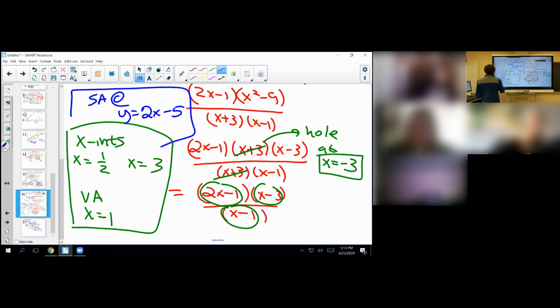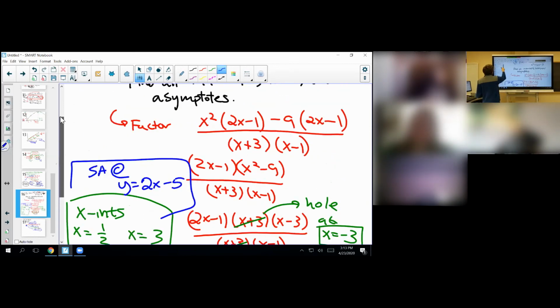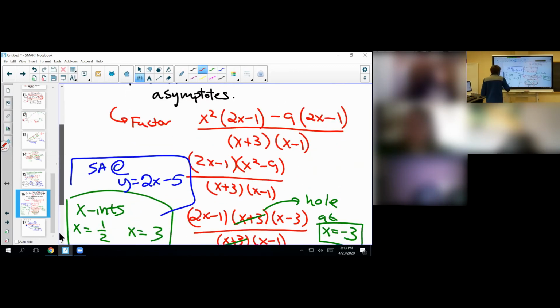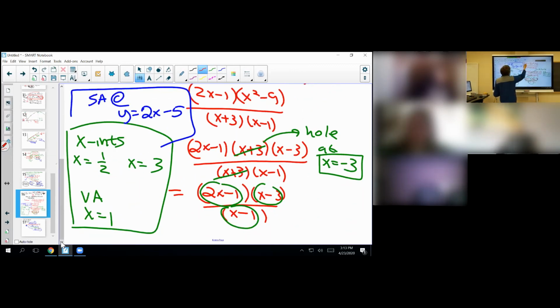So if I go back to my original equation and plug in x equals 0, it's going to be 9 over negative 3, which is negative 3.